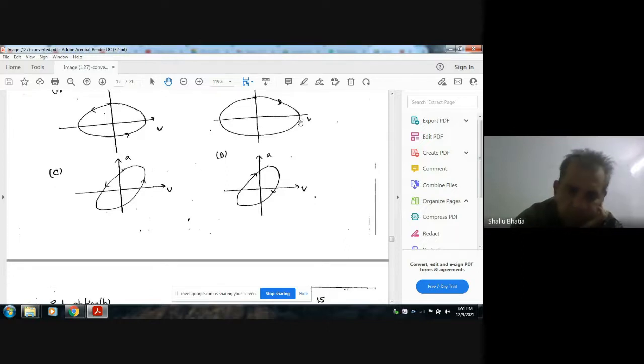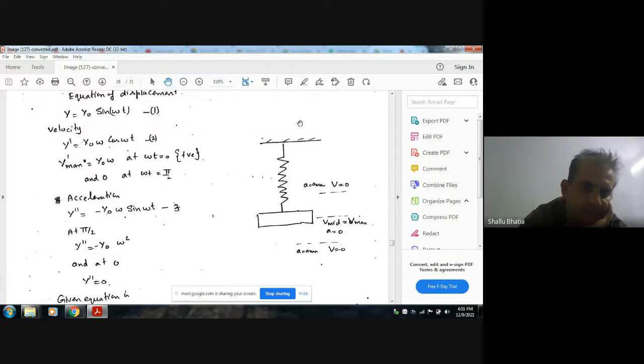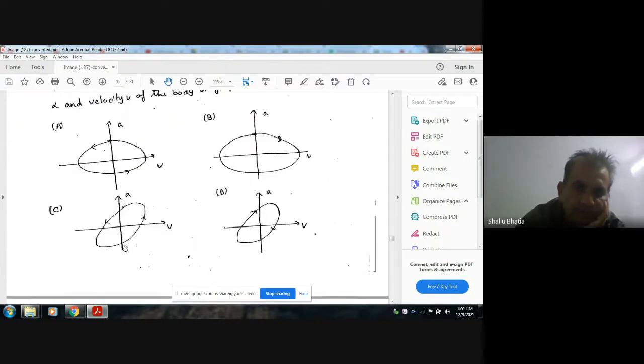Now if we put theta equal to 90, we get minus y naught omega square. If the sense is like that, then theta 90 will come here.